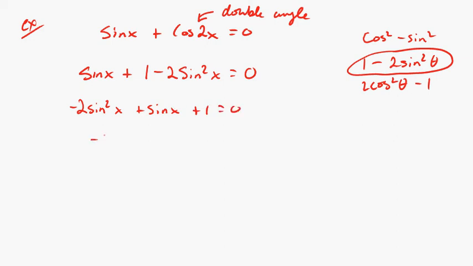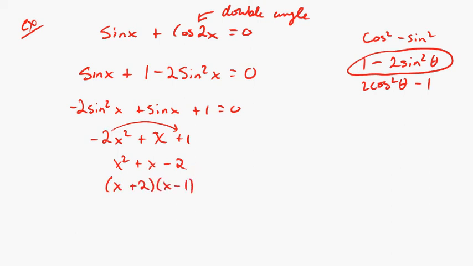Okay, and then I'm going to think of this as negative 2x squared plus plain old x plus 1, and I'm going to factor. Now I'm going to use the trick method, so I'm going to multiply a times c, and I'm going to factor first this, which comes out to be a positive 2 and a negative 1, but then we divide that negative 2 back out.